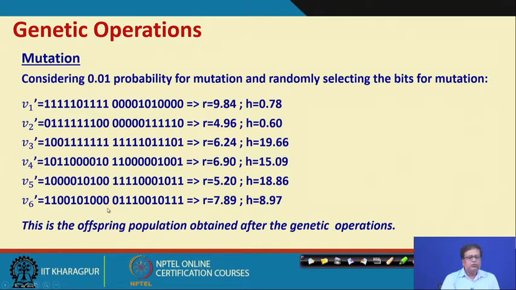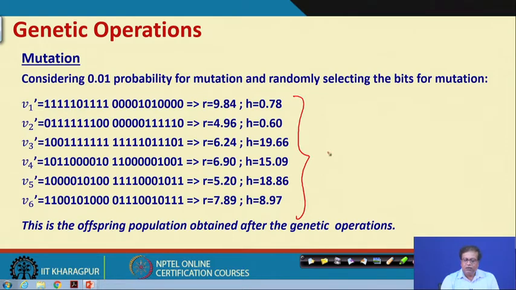We do some mutation, after mutation certain zeros and ones are changed based on the probability that we obtained, and then we get a set of 6 feasible solutions which we can then call as our offspring population. So, what we have done? We have started with a representation, that is called encoding, then we have done crossover and mutation, and after doing crossover and mutation we have got the offspring population.